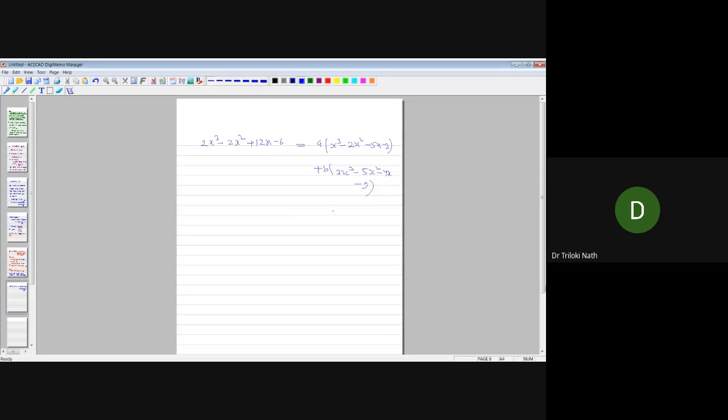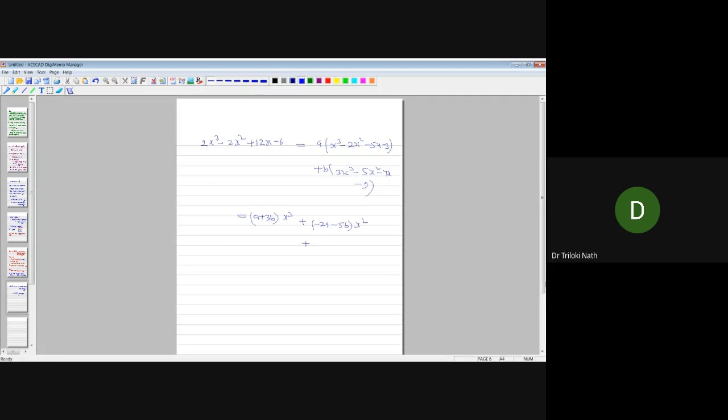If you simplify this, what do you have? You have a plus 3b times x cube, because the coefficient of x cube here is a and here it is 3b. Then similarly plus minus 2a minus 5b times x square.